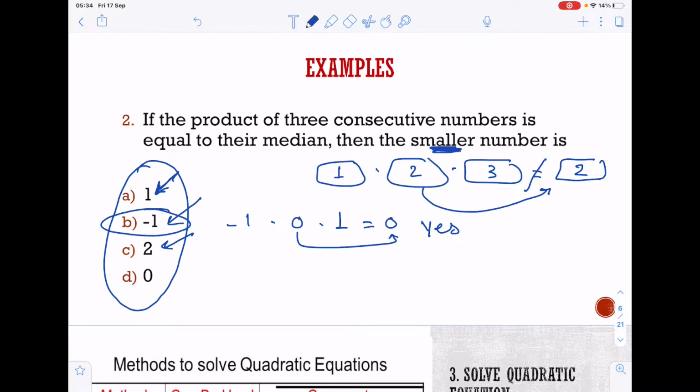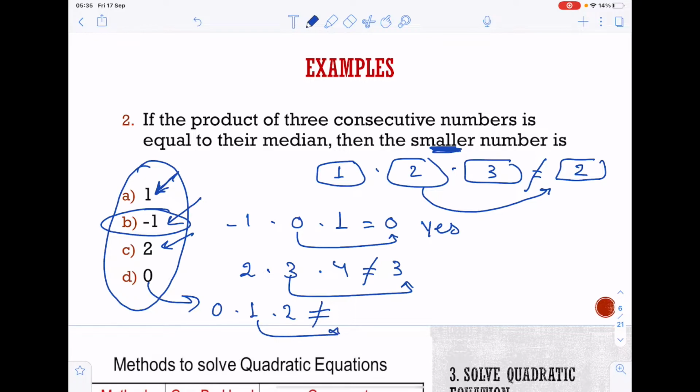If the option is 2, it would be 2, then 3, then 4. If I multiply them, it should give me the middle one, which is 3. But 2 times 3 times 4 does not equal 3, so this is wrong. And the same with this one: 0 times 1 times 2 does not equal the middle one, which is 1. So the correct answer is negative 1.